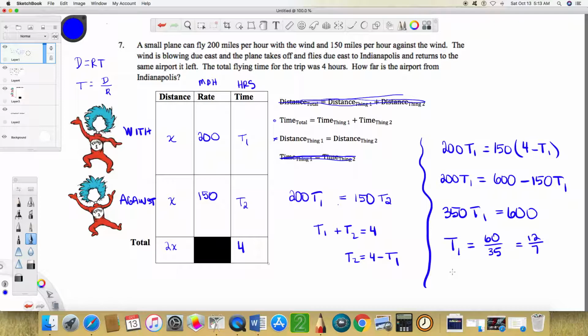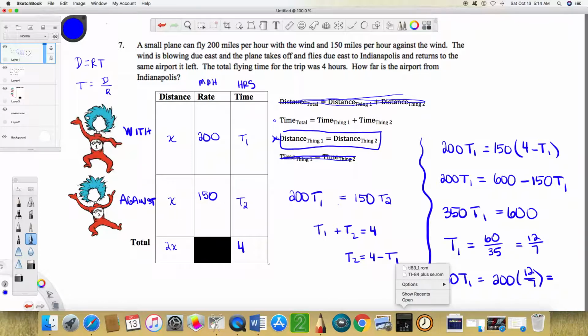Now, what did it ask us? How far is the airport? Well, we solved for t1, so let's take 200 times t1, 200 times 12 over 7, and that's going to be our distance. How far is the airport to Indianapolis?